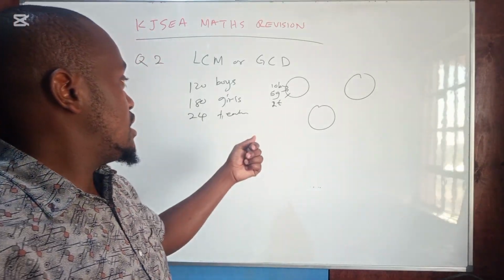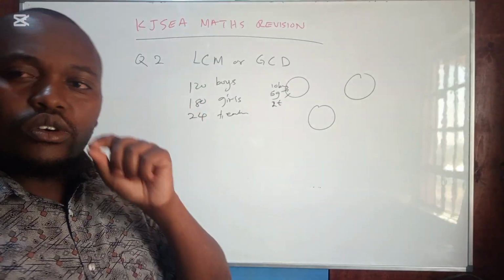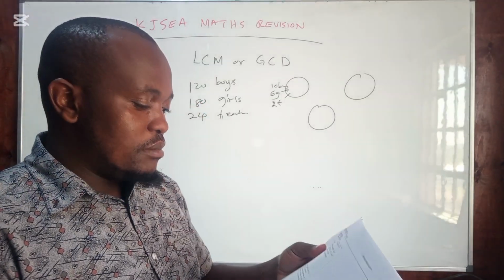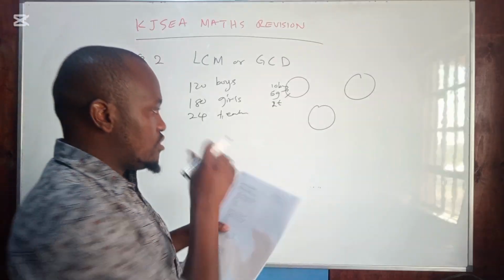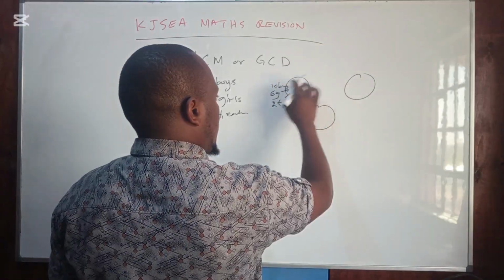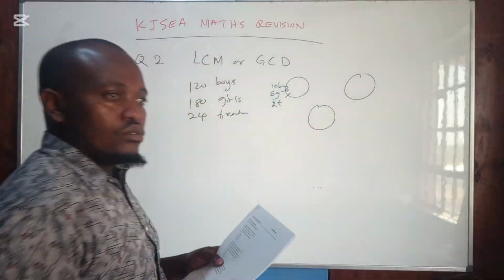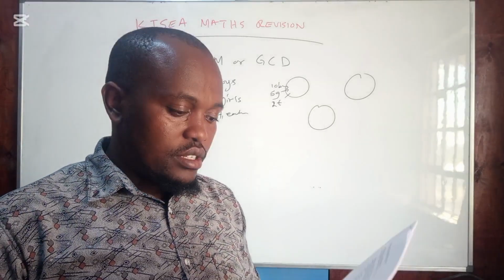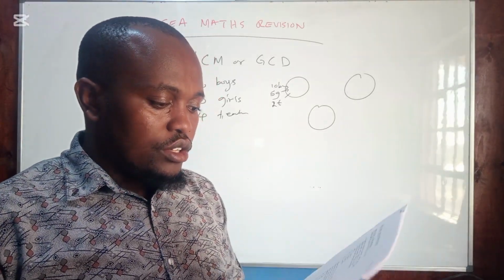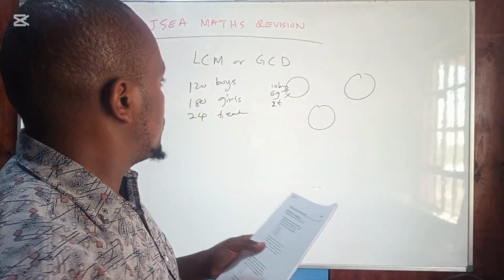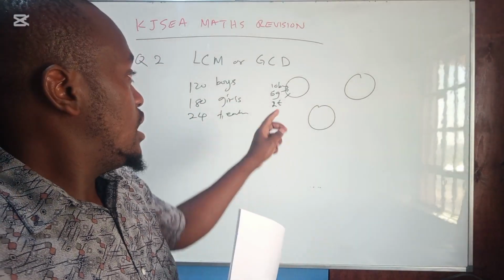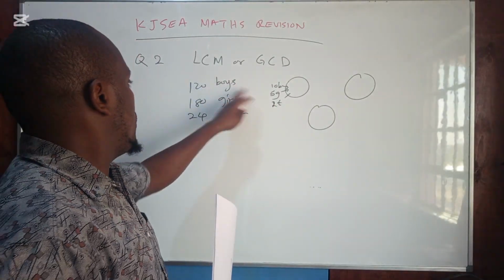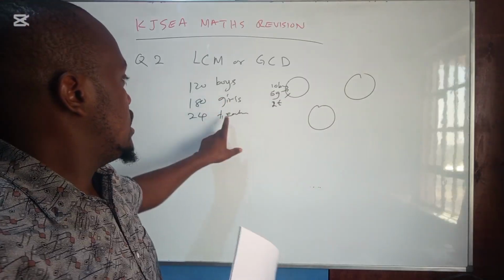Now I have illustrated this question. Now are we going to use LCM or GCD? Because we are being asked what is the highest number of groups formed. To get the highest number of groups formed, you need to find the number of boys, girls, and teachers in each group.